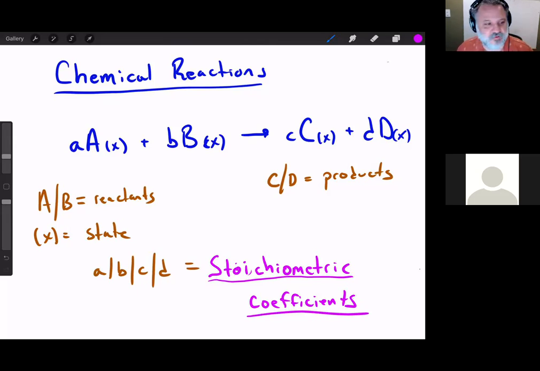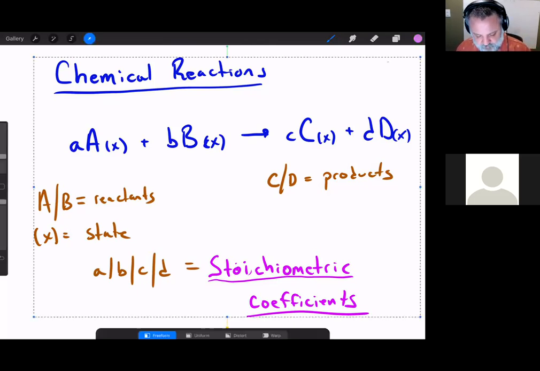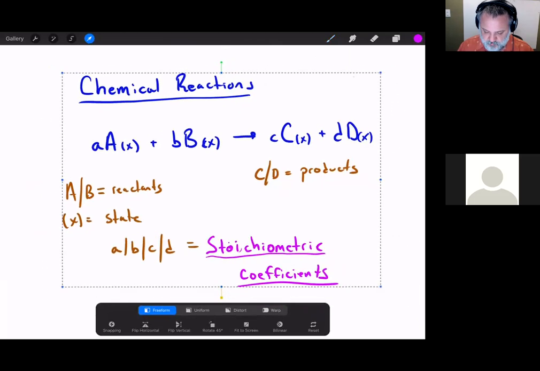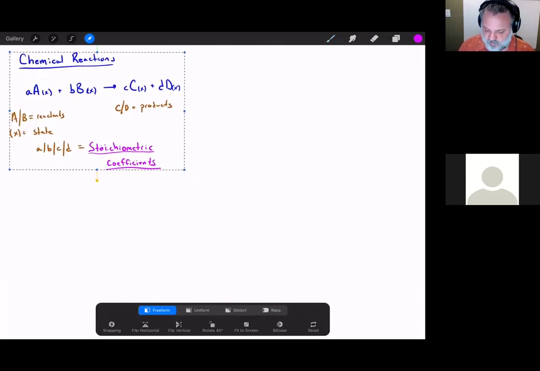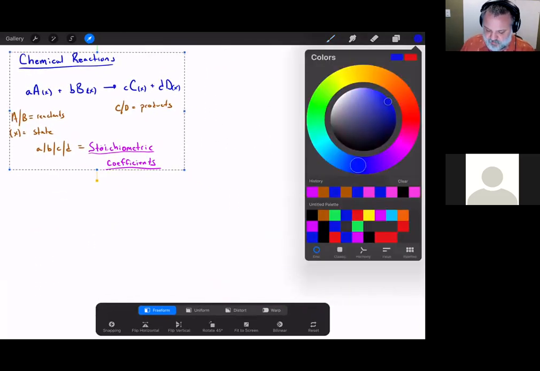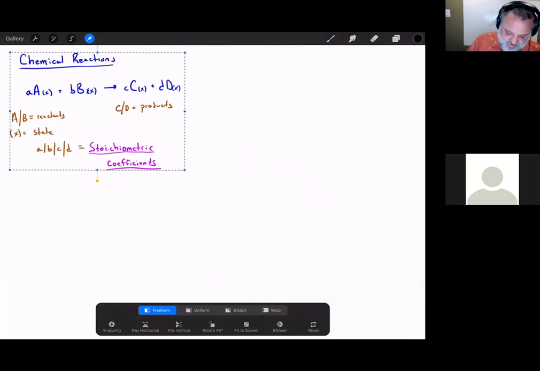Congratulations, Eric. The stoichiometric coefficients A, B, C, and D, little a, little b, little c, little d, are what makes the reaction conform to physical reality. Can I say the following?